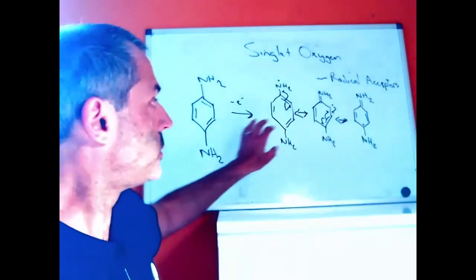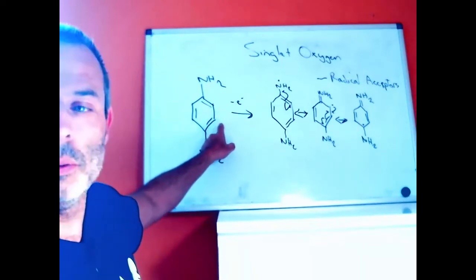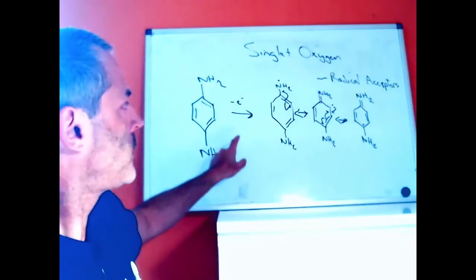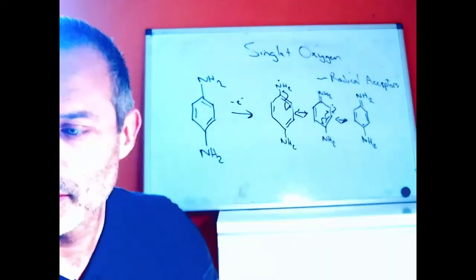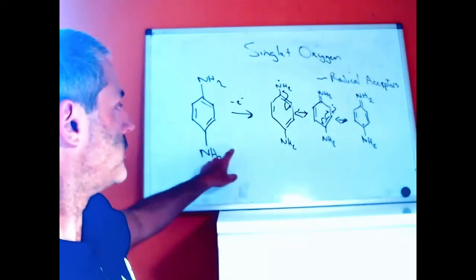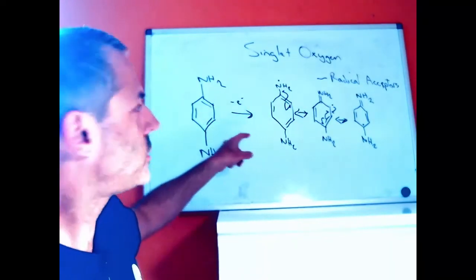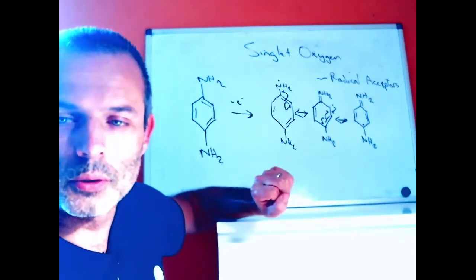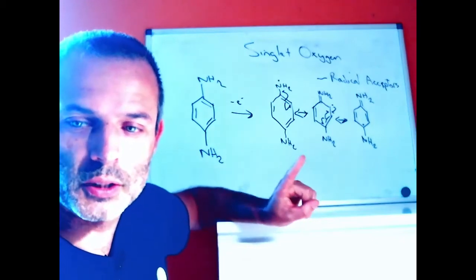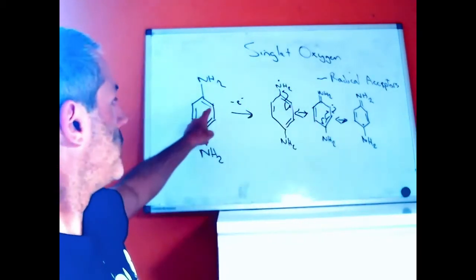So this is an example of a radical absorber. It's PPD, paraphenylene diamine, which is a common dye in hair dye. It's also the color in henna, and it works by the same process. So it loses an electron, so it can give a single electron to a radical to completely get rid of it.